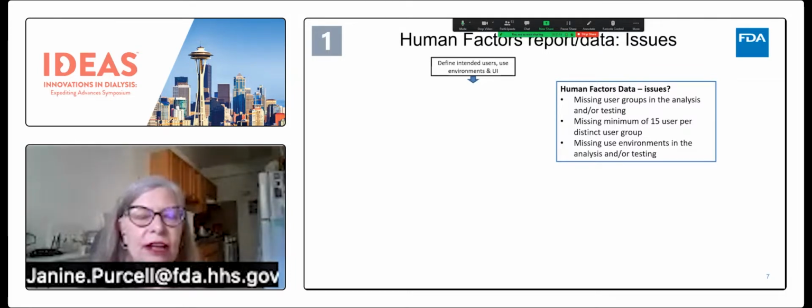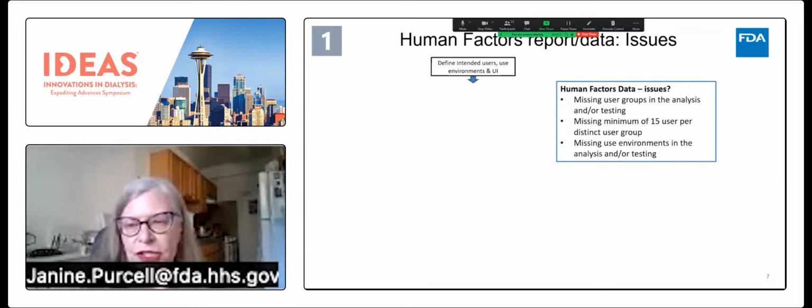And when you've defined those distinct user groups, the expectation by the FDA is that when you do human factors validation testing, you'll have a minimum of 15 users for each of those distinct user groups represented in your recruitment and your data collection ultimately.